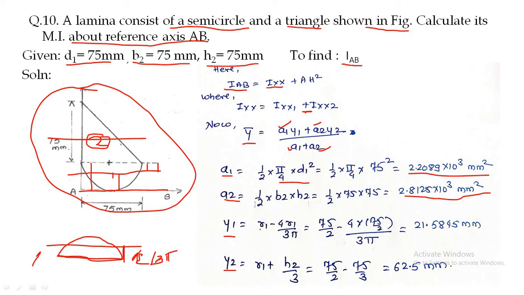This base of the triangle is at a distance of radius from the bottommost part of the whole plane. So we are going to add this radius to the h by 3 of the triangle to get the distance of the horizontal central axis of the triangle from the bottommost part of the whole plane.